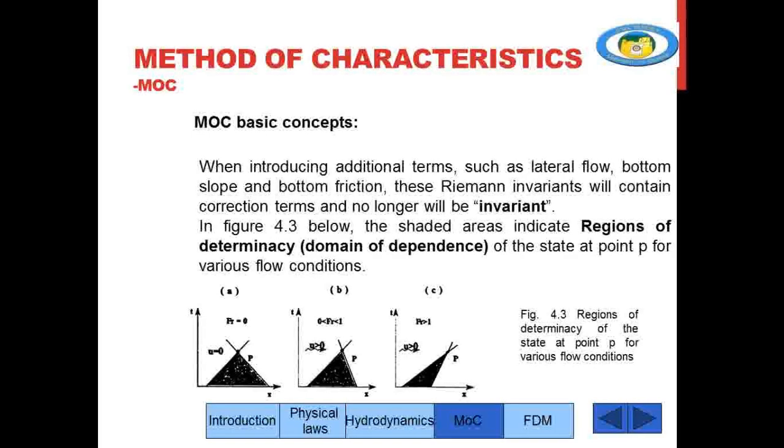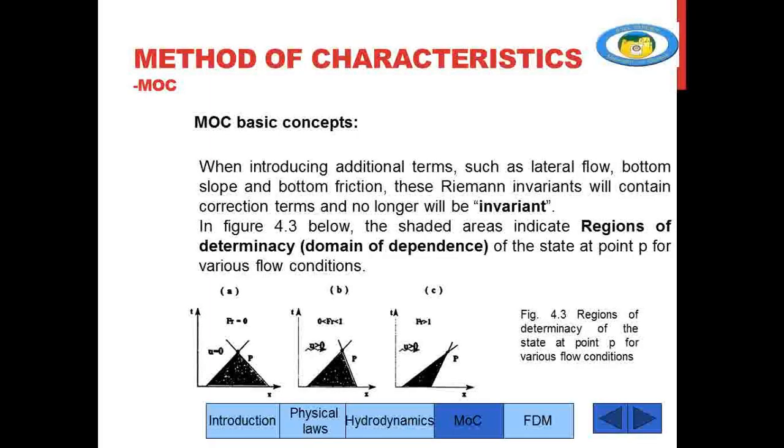But in case of subcritical flow, point P, in further time, would influence the flow characteristics both upstream and downstream. So that area is the zone of influence. We need to differentiate zone of influence and zone of dependence. Here, the shaded area is the zone of dependence.